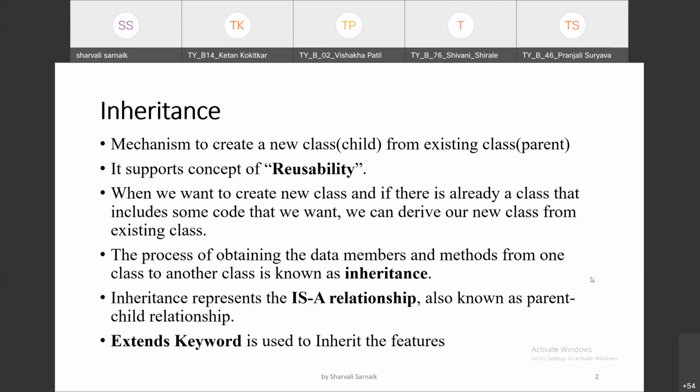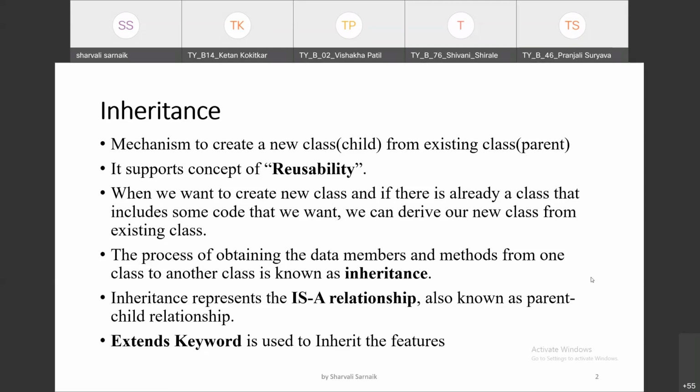If we are taking something from the other class, then there is a relationship between those classes. What is this "is a" relationship? We are going to see it in detail. The only thing is, when you want to take something from a previous class, you need to use a keyword called extends. The extends keyword is used to inherit the features from the other class.